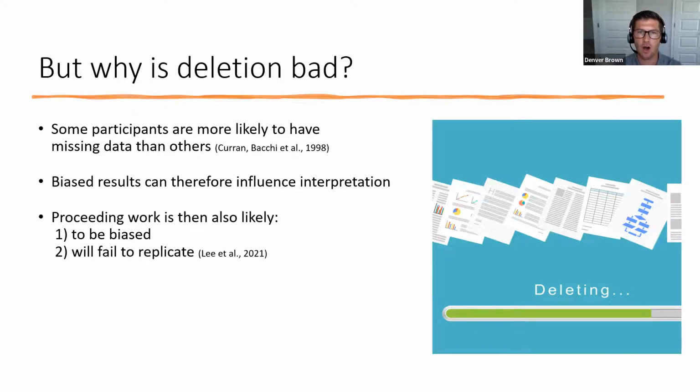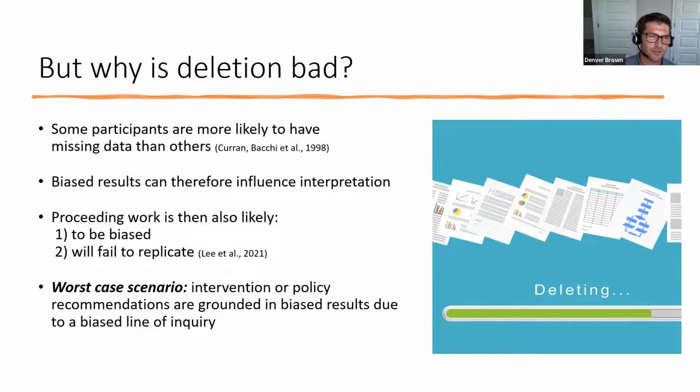We're always building on research to progress and open new doors. So the work that follows this biased research is also going to be biased, and we will have problems with replicating this work. This is problematic, and this is something that we here at STORK are trying to address through methodological reform to reduce these issues.